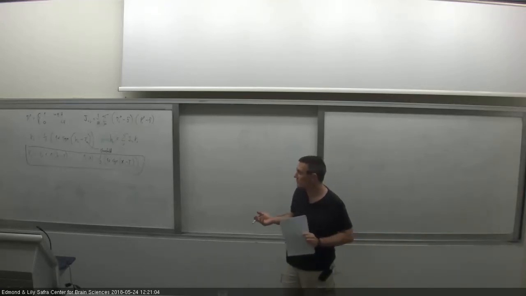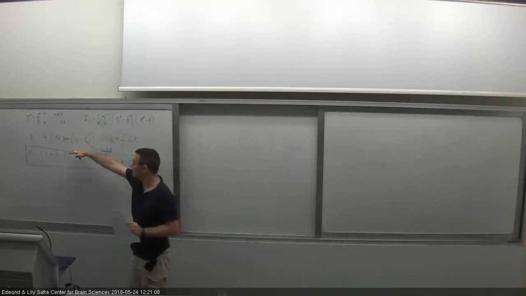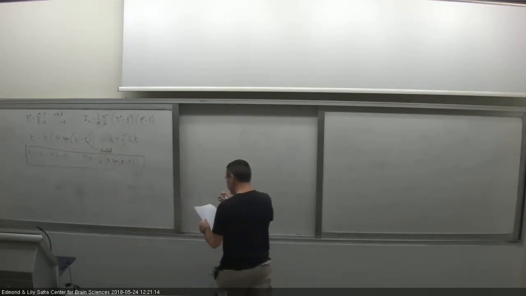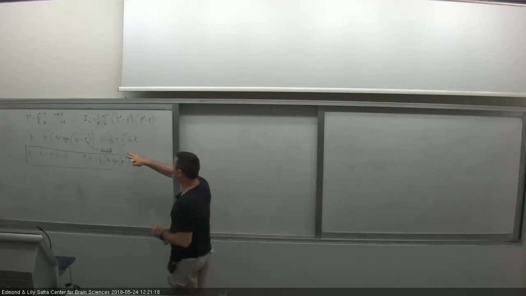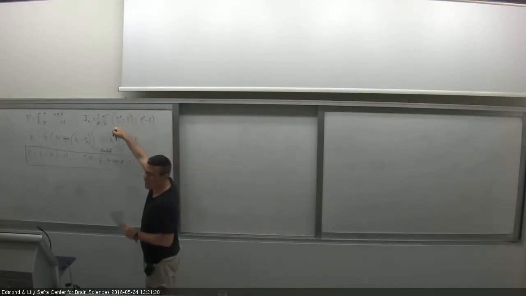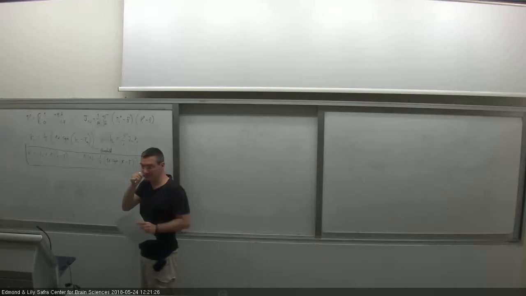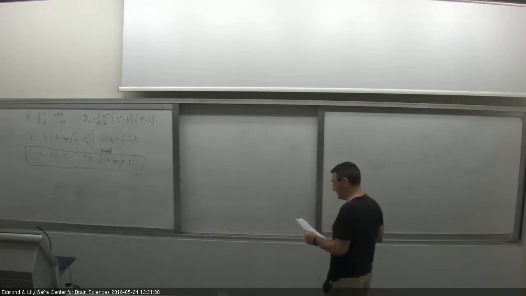And the way to do it was to plug memory pattern number one into this set of equations and see whether they are satisfied. So this is what we will do now. We're going to plug one of the memory patterns, memory pattern number one, into this set of equations as before, and see whether these equations are indeed satisfied.